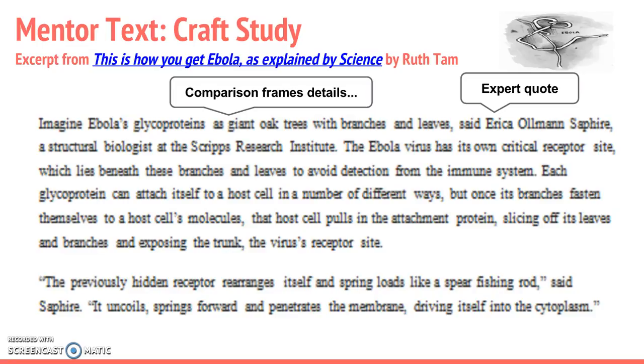And then you might note that this comparison frames the details that are used throughout this paragraph to further develop the relationship. For example, in the last sentence of this paragraph, you might notice the phrase "slicing off its leaves and branches and exposing the trunk" is used to describe how the host cell pulls in the attachment protein. This comparison illustrates how the Ebola virus spreads, helping the reader connect an unfamiliar or abstract process to a concrete image.